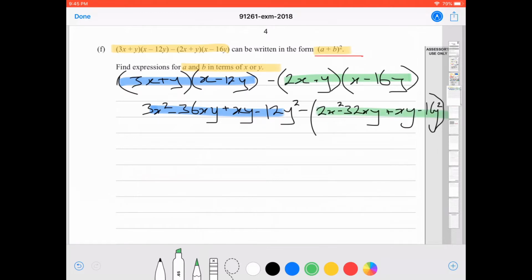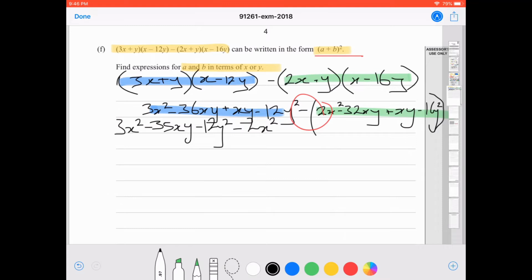We can collect like terms here. Looking at our blue, we've got 3x squared minus 35xy and minus 12y squared. Let's do the same for our green, and let's also multiply through by this negative that we're working with here, so getting rid of our brackets essentially. We've got minus 2x squared.